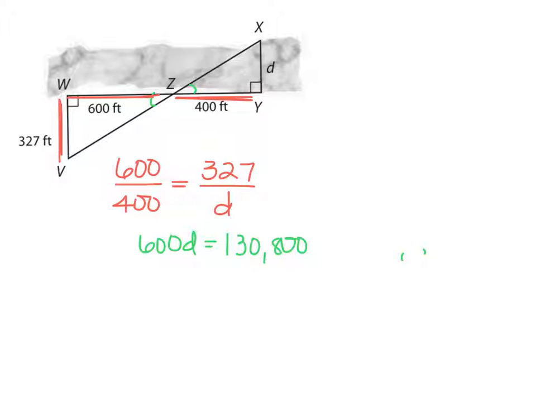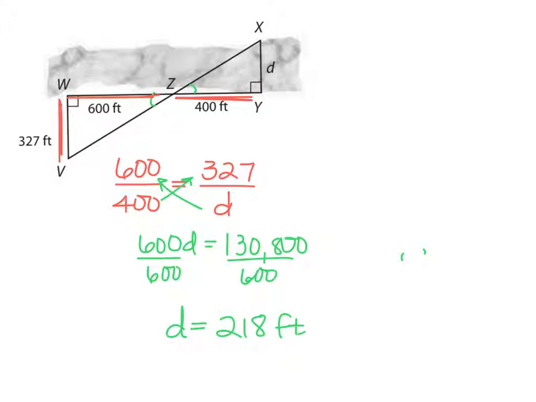I'm going to multiply the other way. And then go back and divide by 600 to get D by itself. And I'm going to get D, which is the distance across the canyon, is 218 feet. So that's a way that you could measure how far across that canyon is.